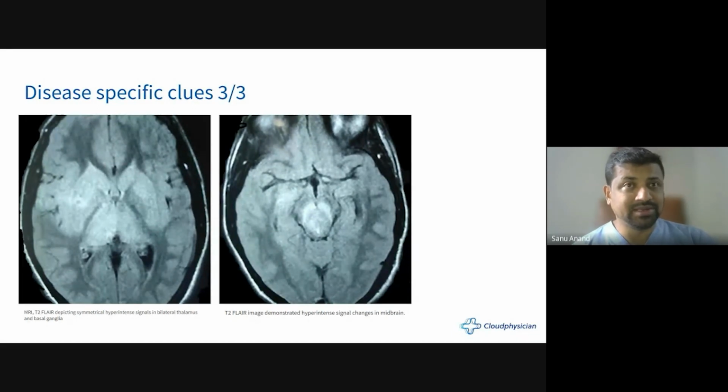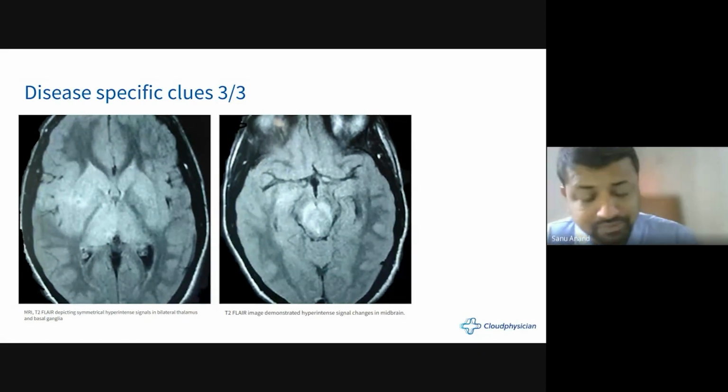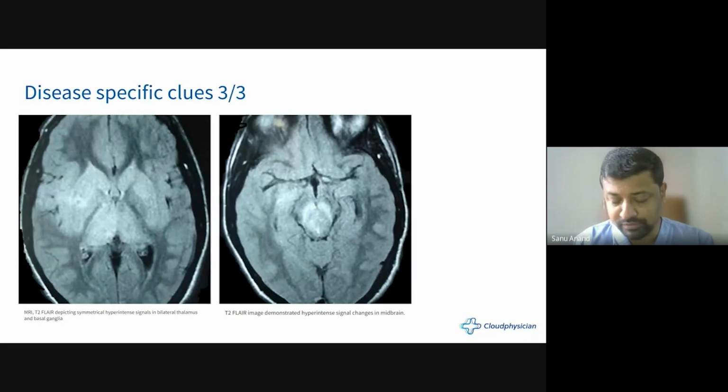Now, particularly basal ganglia and thalamic involvement is very common in Japanese encephalitis, and if you're living in the right region, these two MRIs are actually from patients of Japanese encephalitis. You can see the basal ganglia and bilateral thalamic involvement here, and here you can see the midbrain being all bright.